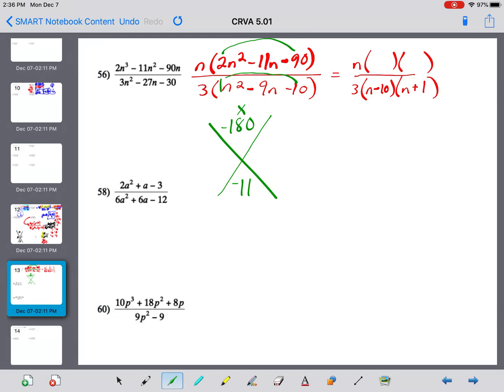Anywho, I'm just kind of stalling while I think of the right combination that multiplies to this. 30. Oh boy. So, ten times 18.